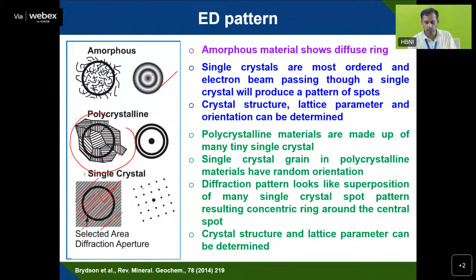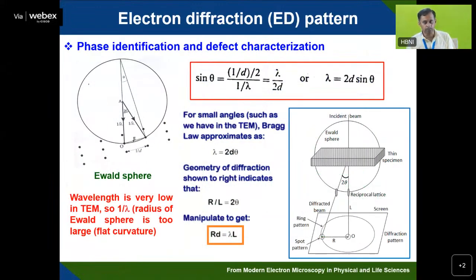Here the diffraction pattern looks like a superposition of all the dots that I described, and you get a ring type of structure, a concentric ring around the center beam spot, and the crystal structure, lattice parameter, all this information you can get from this.